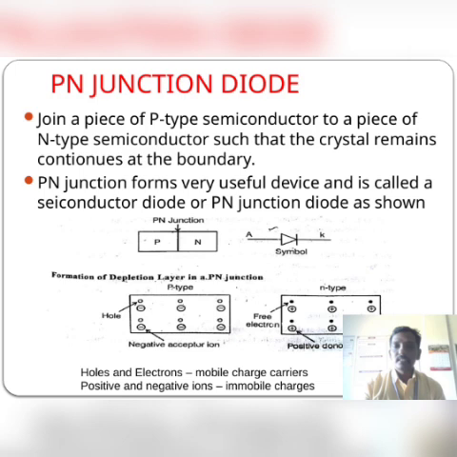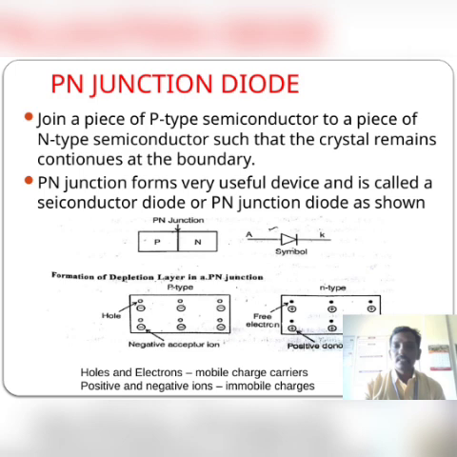Here we can see that in the P type, the holes are the majority charge carriers, which are positively charged particles, and they are ready to accept the negative ions. In N type, electrons, which are negatively charged particles, are the free electrons. They are the majority charge carriers, and they are ready to accept the positive donors.